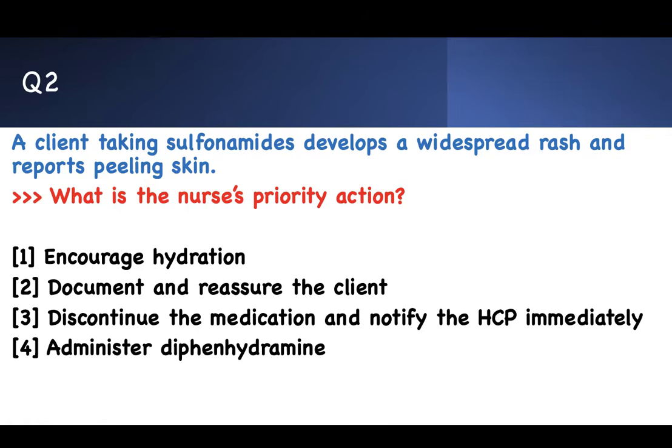Hydrating the patient is not going to fix it. You cannot document and reassure the client. That's Stevens-Johnson syndrome. Discontinue the medication and notify the healthcare provider. If you give them diphenhydramine, you're thinking this is allergy. Rash and peeling skin is not allergy. It's Stevens-Johnson syndrome. So 3 is the right answer.